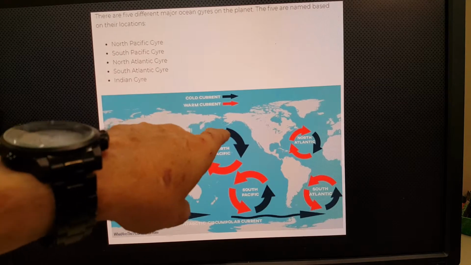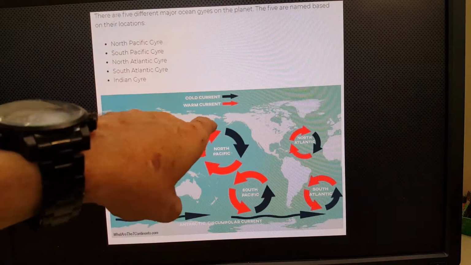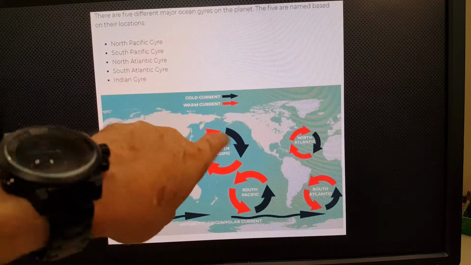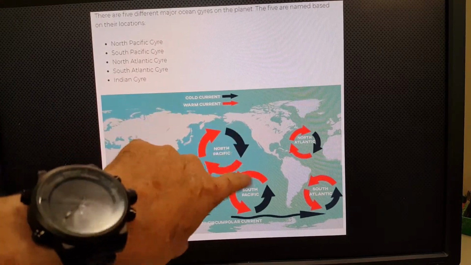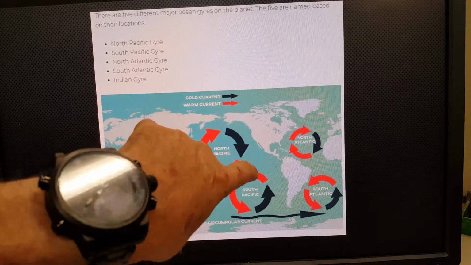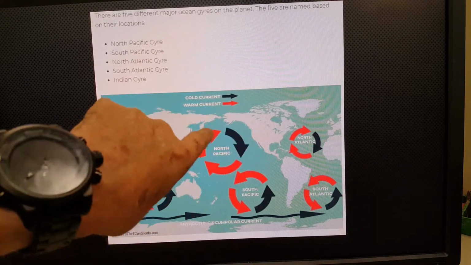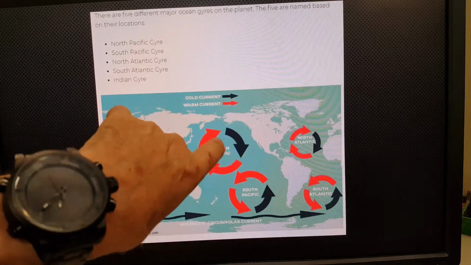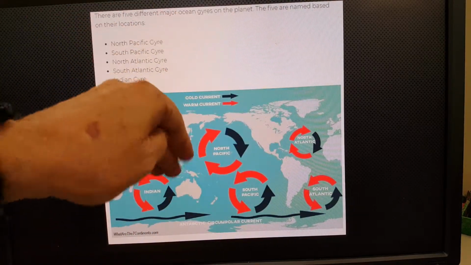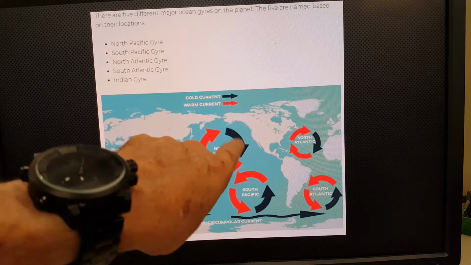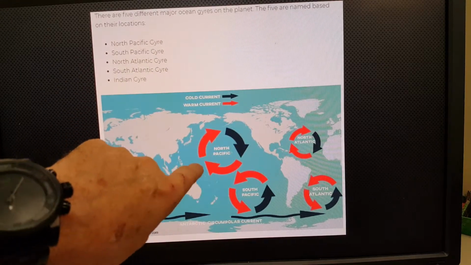As it rotates north and comes south, again, this cool current cools off the coast of California, Alaska, Mexico, and so this part has very cool waters. And again, California is known for cooler waters in the ocean.